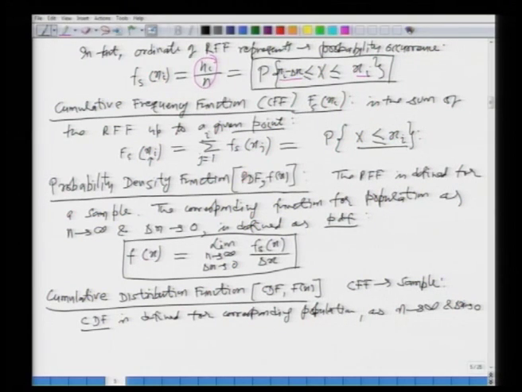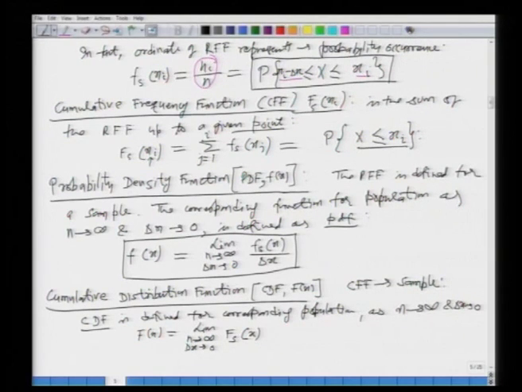Okay. So, mathematically what we are going to say is that your capital F of x is equal to the function under the limits of n tends to infinity and delta x tends to 0 of your F_s of x. All right.